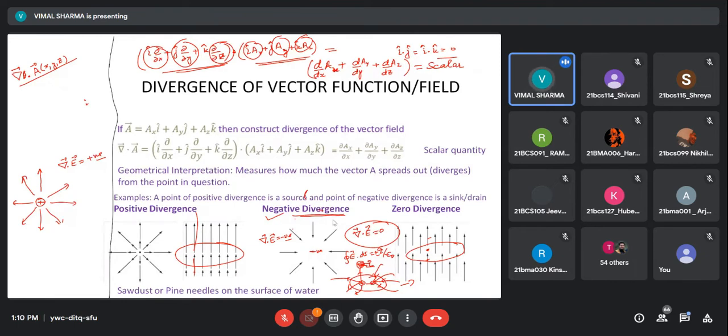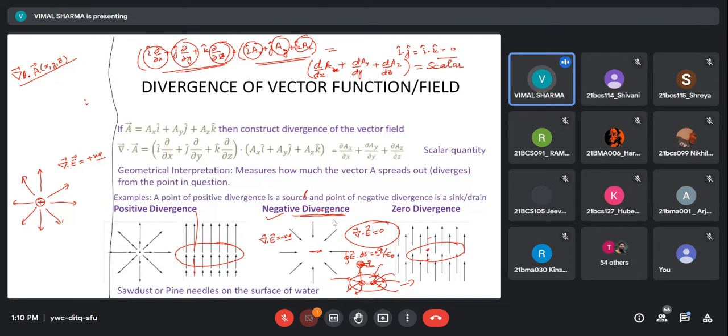Mathematically, how we do it was discussed. It is simply the derivative of the x component of the field with respect to x, plus the derivative of the y component with respect to y, and the z component with respect to z.